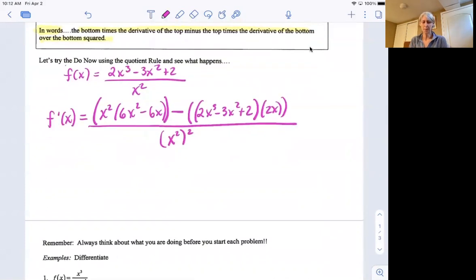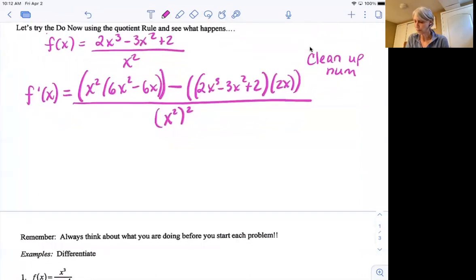We have to clean this up. Okay, so we're just going to always clean up the numerator. And the bottom, because it's a monomial, I'm going to square it. But usually I just let you guys leave the bottom alone. So the numerator becomes 6x to the fourth minus 6x cubed.